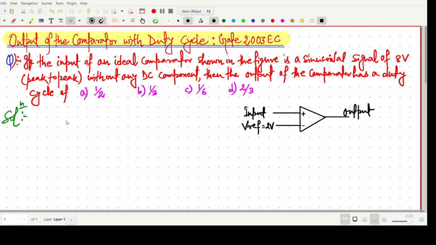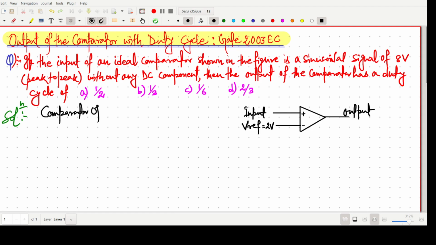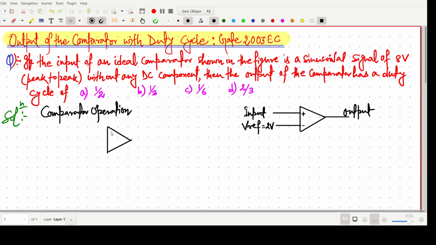Before that we have to go through the very simple basic concept of comparator operation. So I am writing here how a comparator works. As we know, the fundamental concept: non-inverting input, inverting input, and this one is the output.